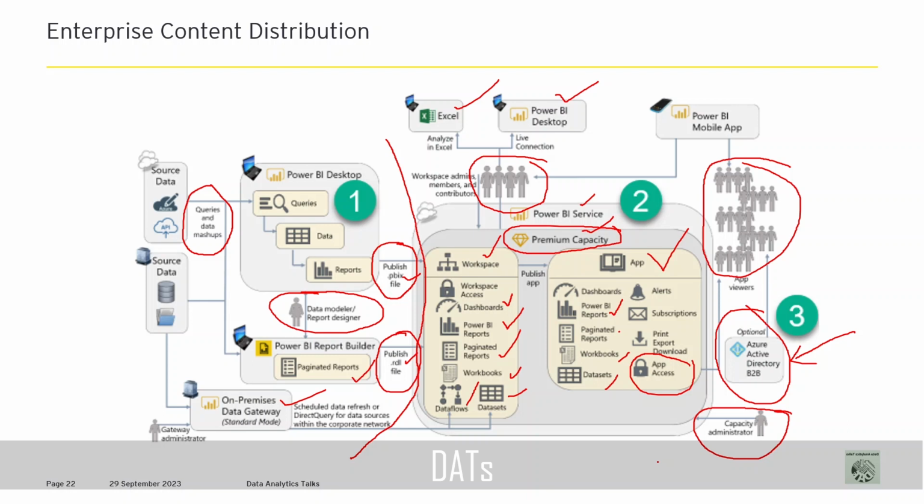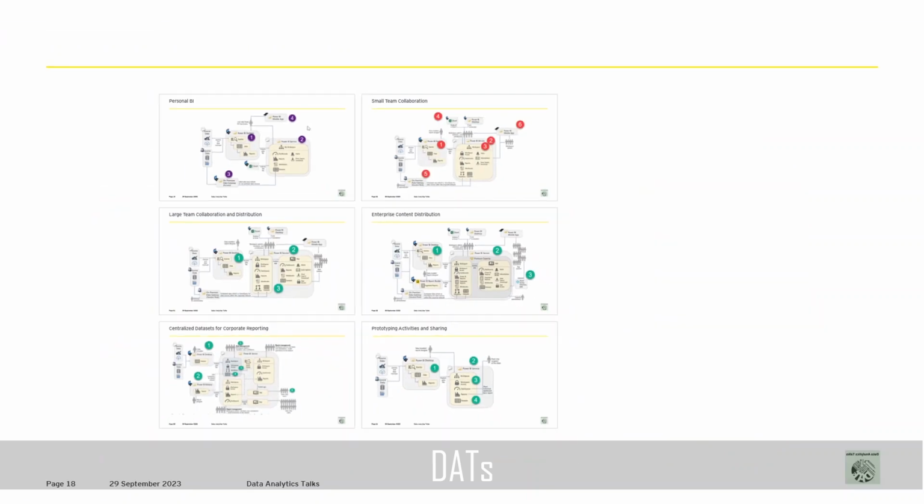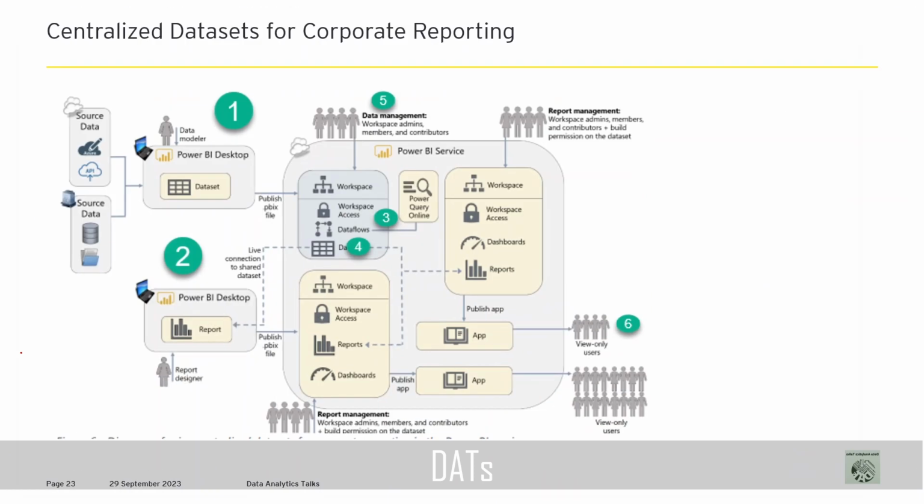So we have some more scenarios to be covered quickly. In the previous scenario, we discussed enterprise content distribution, whereas now we are going to see how we create a shared Power BI data set. Another way we call a centralized data set for the corporate reporting. So there are several options for implementing centralized data set.